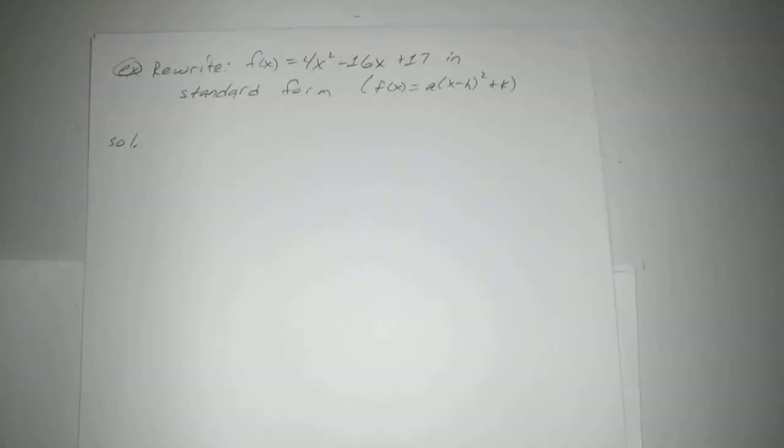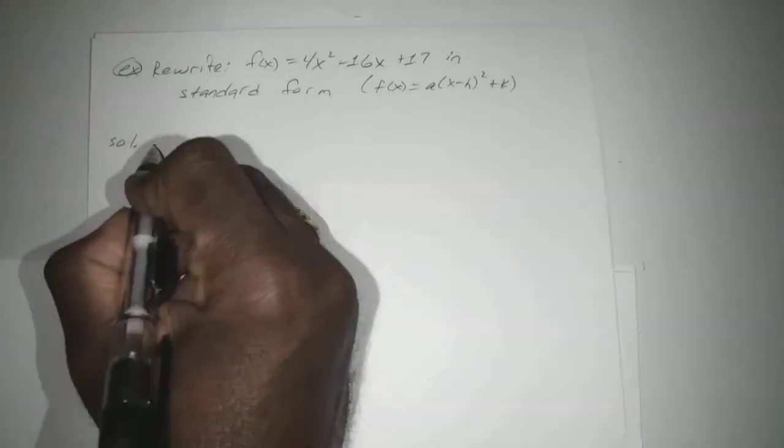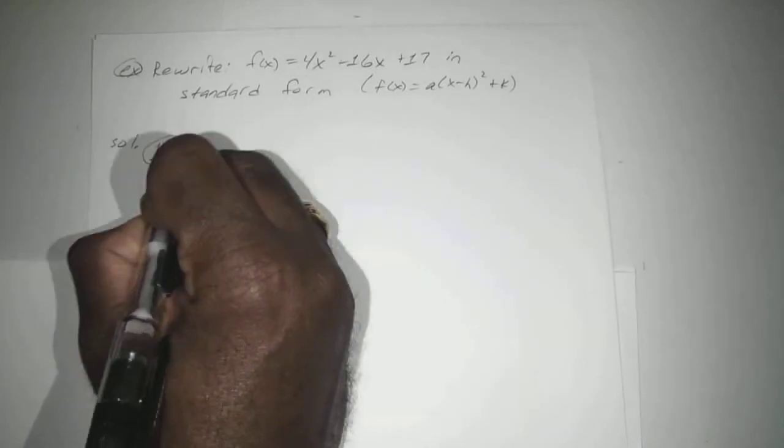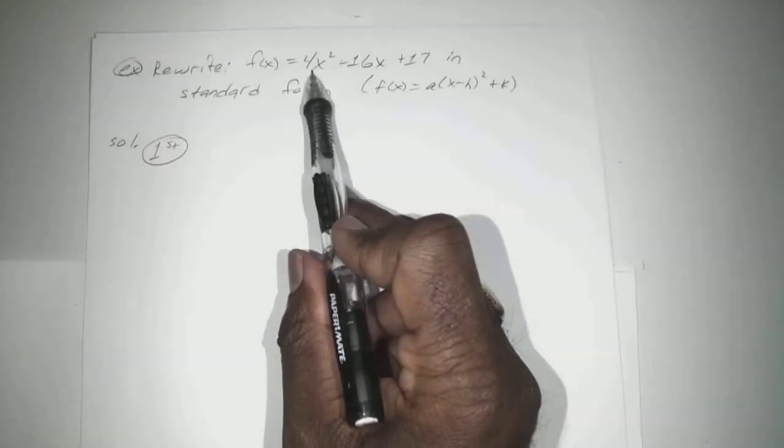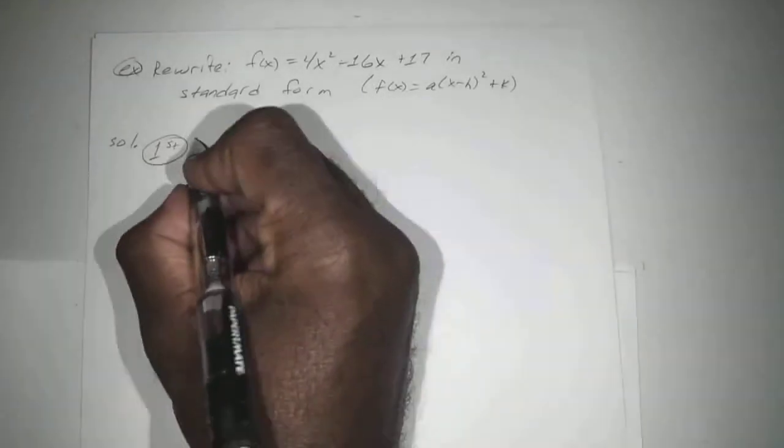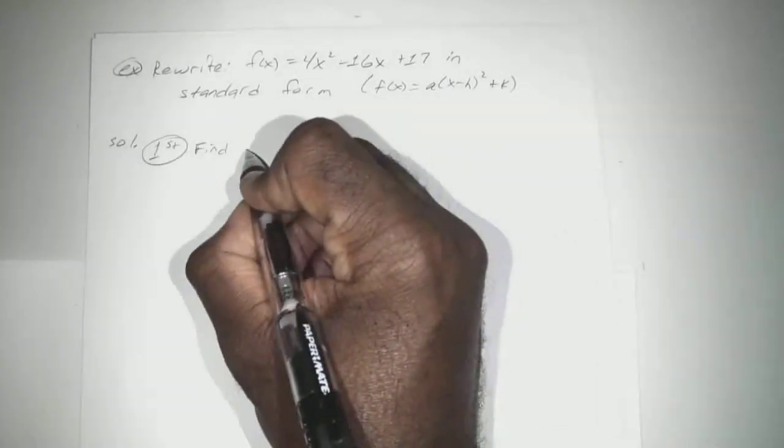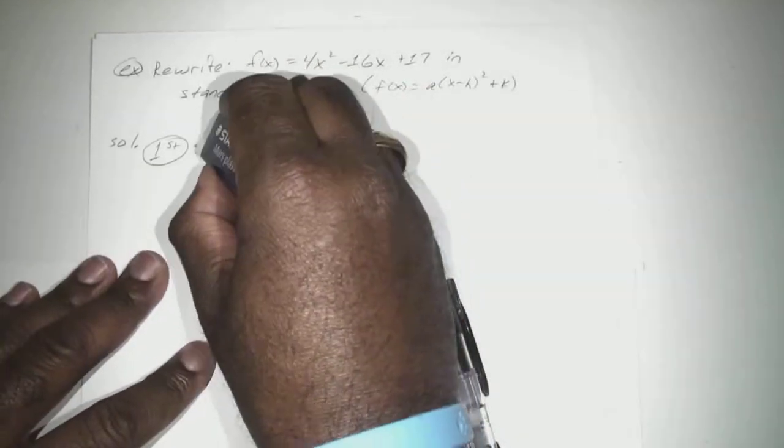Now this way is a little bit easier because you're going to simplify it some. So your first step, you're going to find the greatest common factor in the first two terms, or factor out the GCF.